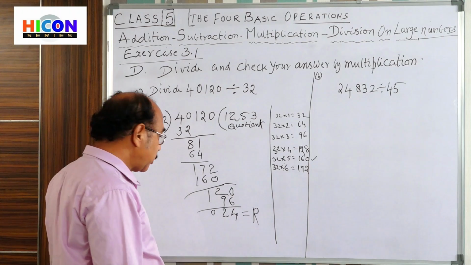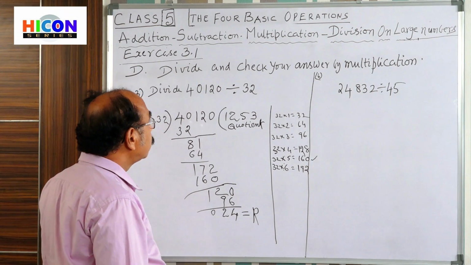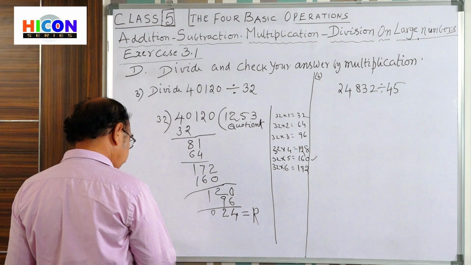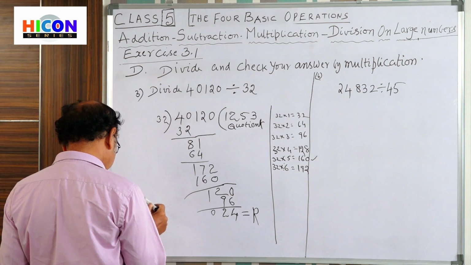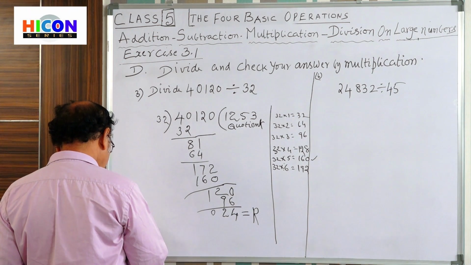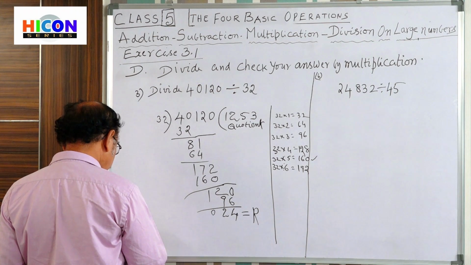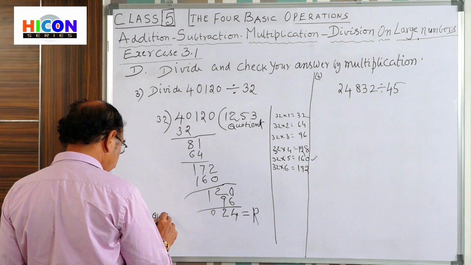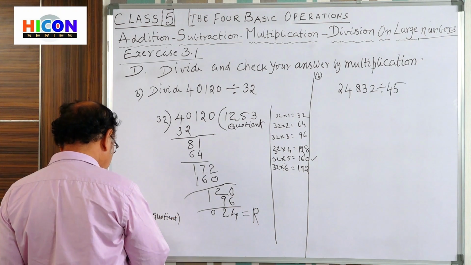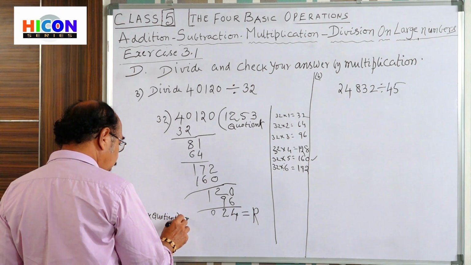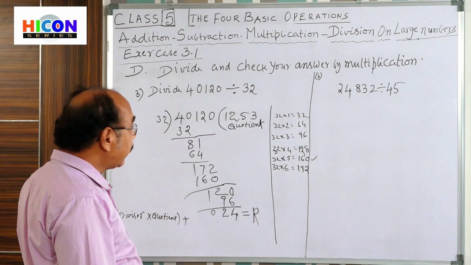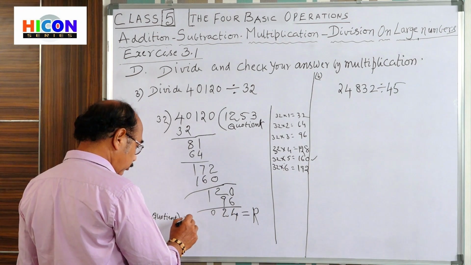In checking this problem, we show the multiplication of divisor and quotient. After the multiplication of divisor and quotient, we add the remainder.